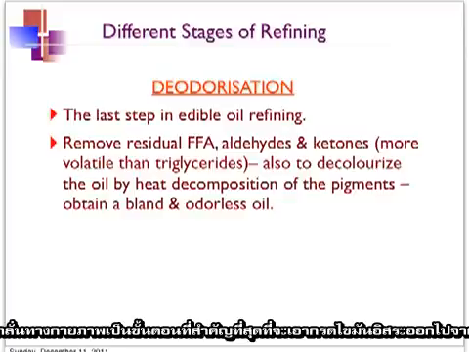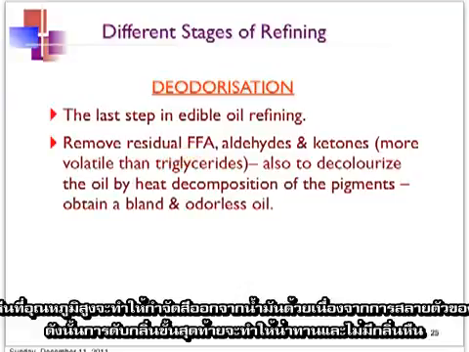In physical refining, deodorization is the most important step to remove the free fatty acid. The high temperature during deodorization also would decolorize the oil because it will decompose the pigments in the oil. So the final deodorized oil actually will be bland and odorless.